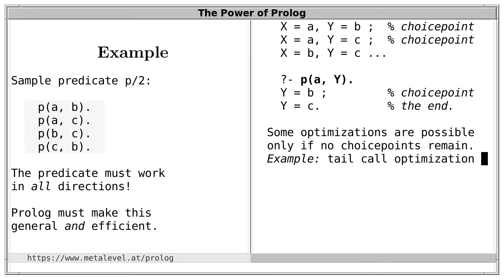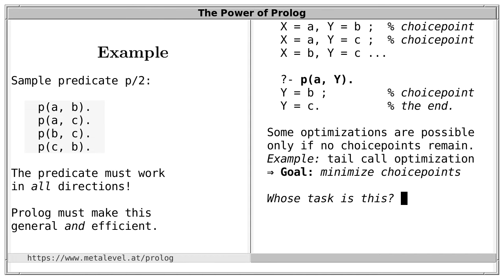Most notably, tail call optimization, and as a special case, tail recursion optimization, only applies when no choice points remain. And so, to improve performance of Prolog programs, it's important to minimize choice points. This means, ideally, to already prevent their creation.